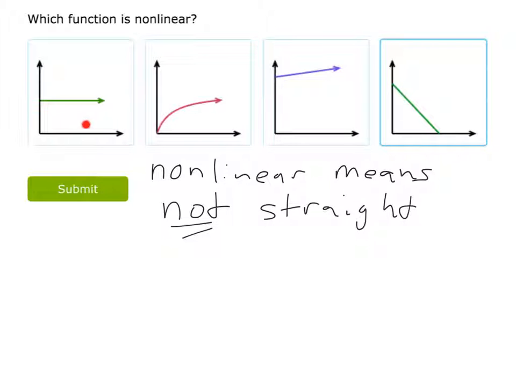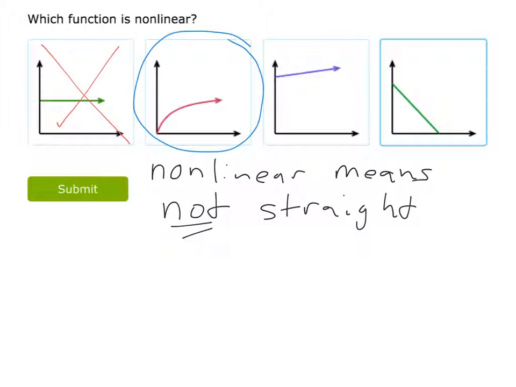All right, so take a look at the first one. The first one is linear. And because we're looking for the word nonlinear, the first one is not the correct answer because we're looking for a line that is basically crooked. Okay, next, we have a line here that has a curve in it, and any line with a curve in it is nonlinear.